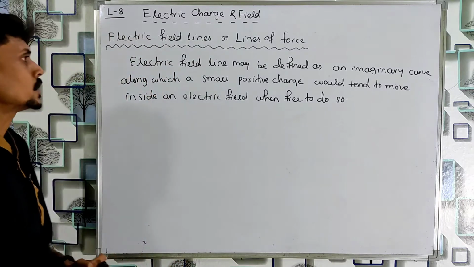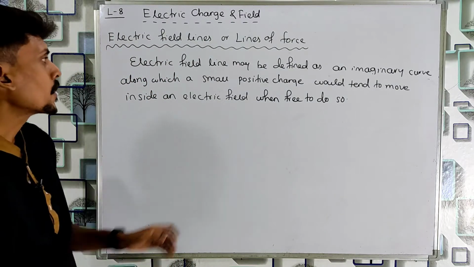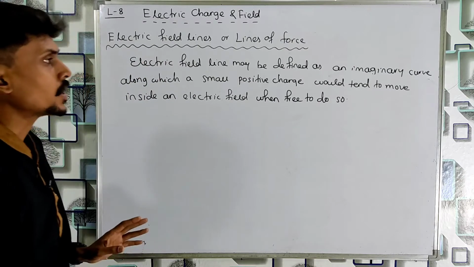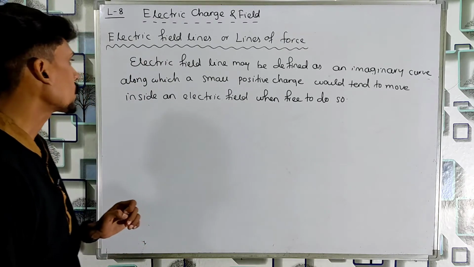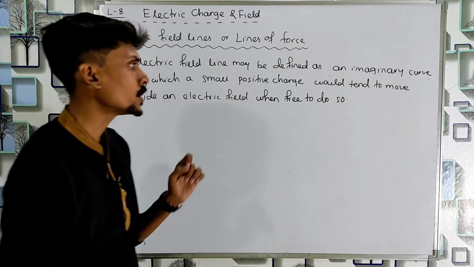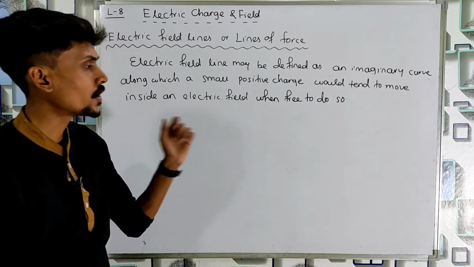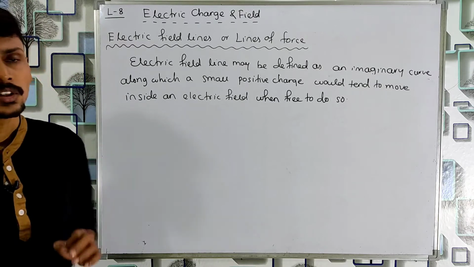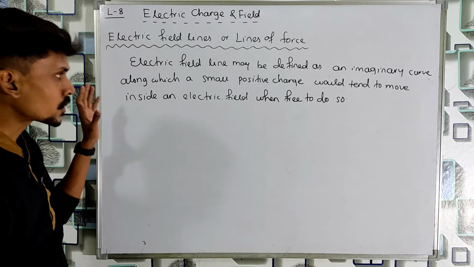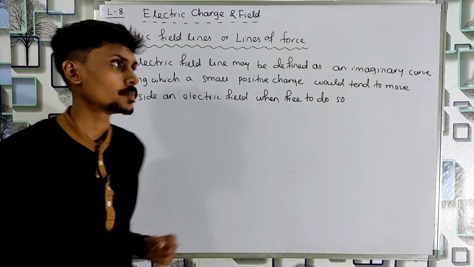So just look at the definition of electric field line. Electric field line may be defined as an imaginary curve along which a small positive charge would tend to move inside an electric field when free to do so. So we will discuss the meaning of this definition.